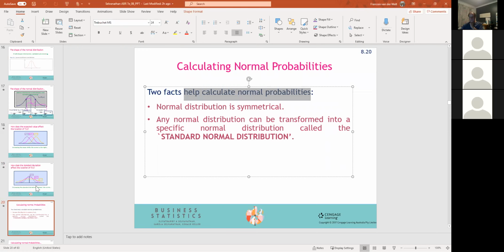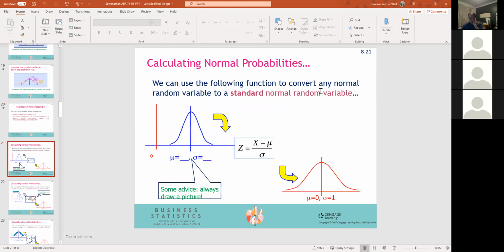By definition. We can use the following function to convert any normal random variable to a standard normal by subtracting the average, the mu, and dividing it by the standard deviation. Then you can see here, regardless of what the value on the left-hand side is, you end up with mu equals 0 and a standard deviation of 1.